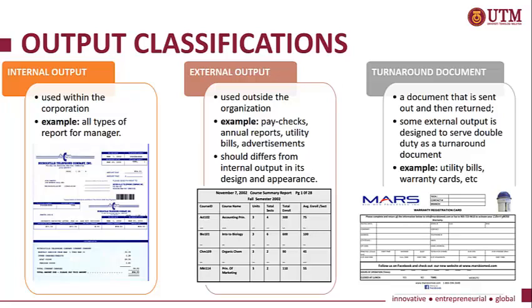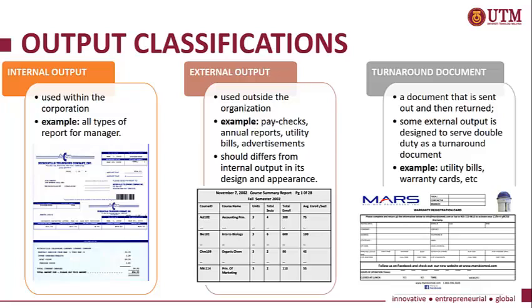So the output for one stage of processing becomes the input for the next. For example, TMB printed the utility bill and sent it to us. Then we pay the bill by scanning the barcode, or if you pay online, you just enter the utility bill code. This is considered the input for the next processing at the TMB company.